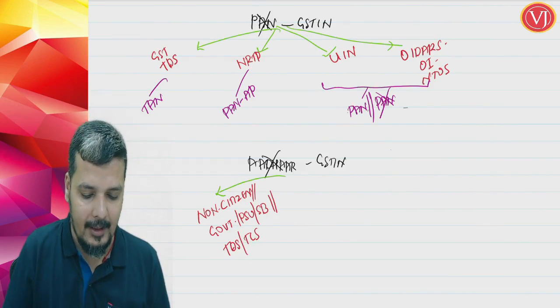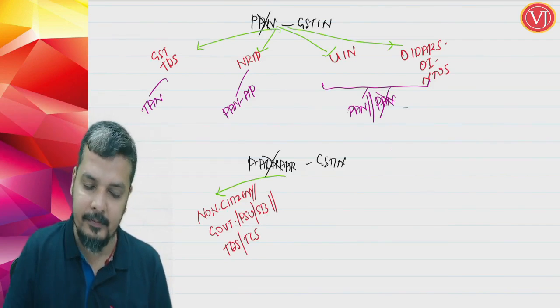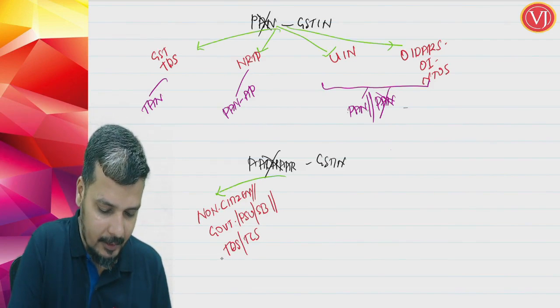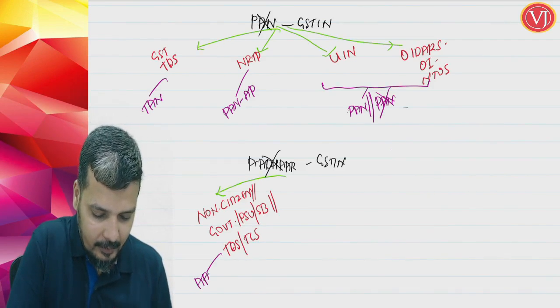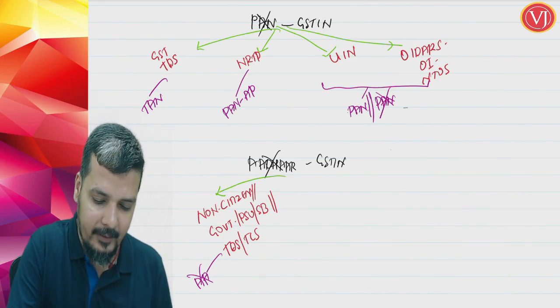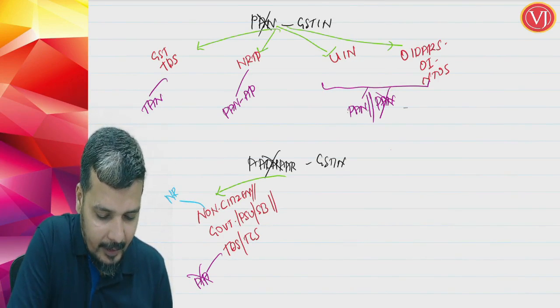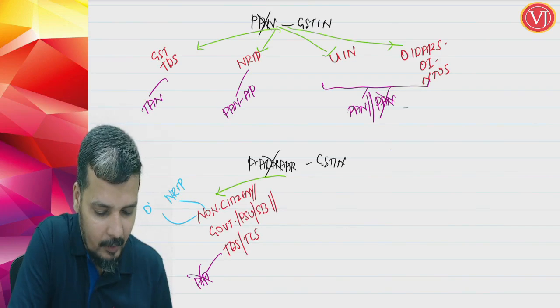Aadhaar authentication is not mandatory. When I am talking about non-citizens, you need to understand that non-citizens will cover your NRTP also. It will also cover OIDARS from outside India to non-taxable online recipient.